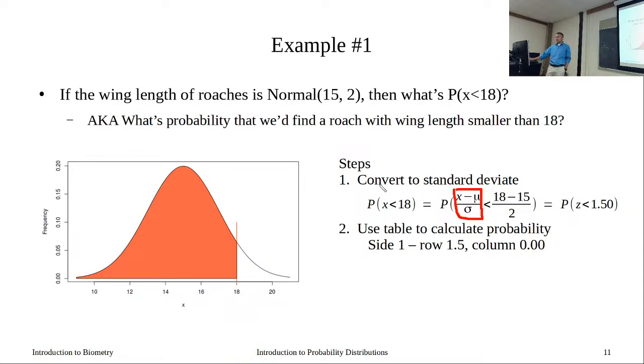So we've got the probability that our sample is going to be less than 18. Well, I'm going to subtract our mu over the sigma. And our mu is 15, our sigma was 2. So when we do that transformation, that is equal to z, because z is equal to x minus mu over sigma.